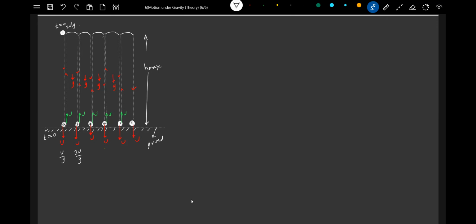By the time it comes here, 4u by g. Then it will descend, 6u by g. Then this will be 7u by g. Like this, and so on. So t equal to 0 will be this one.